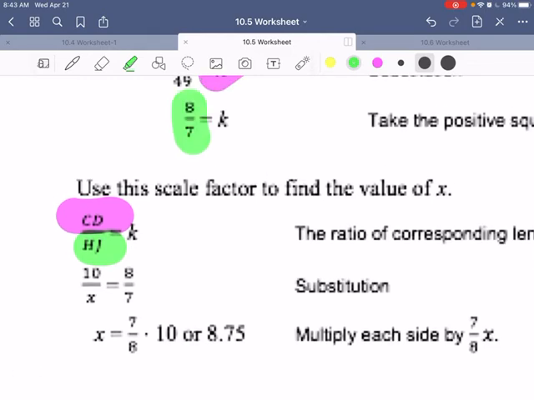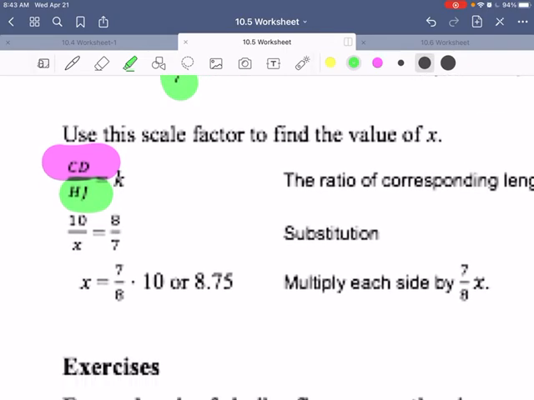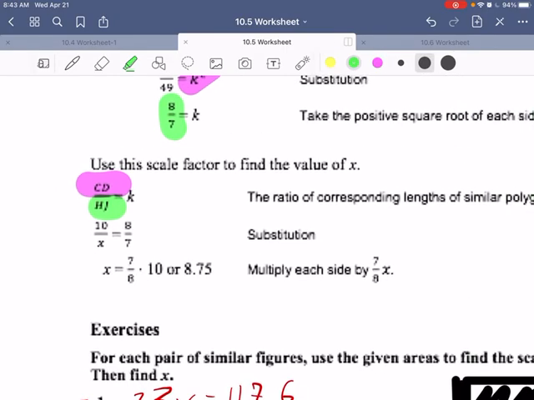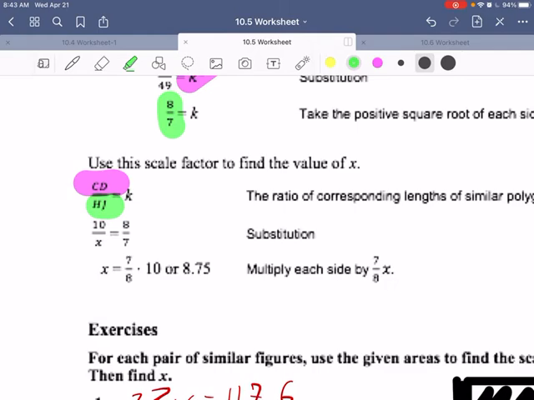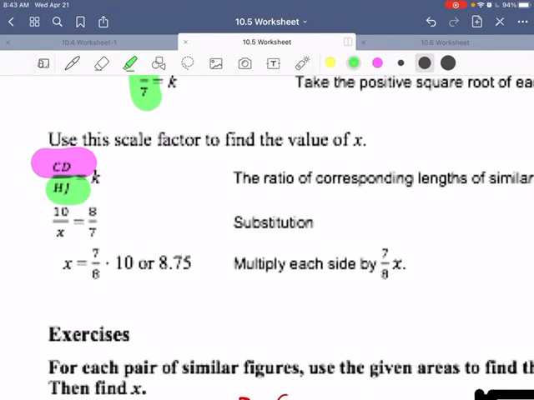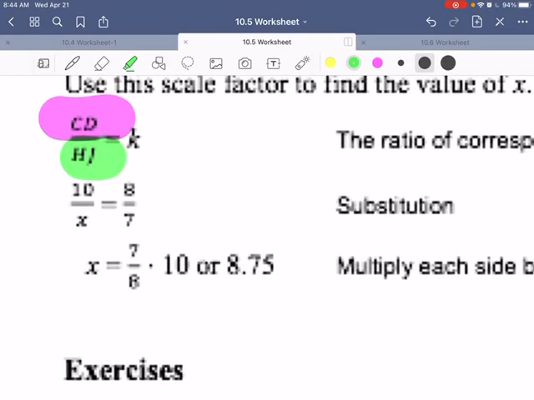So when we do that, we do a little bit of substitution and multiplication. So we multiply both sides by 7 over 8x. Pretty much just switch it all around. You could work this out a little bit differently. You could say, I'm going to do cross multiplication. That's always okay.